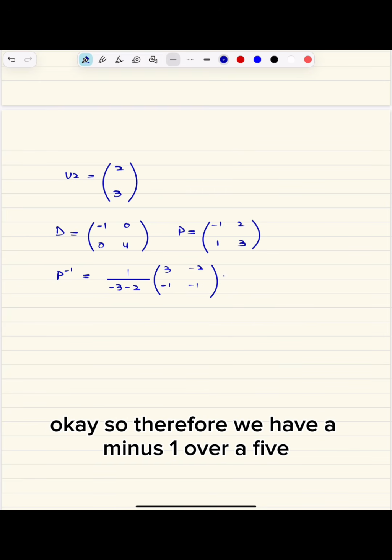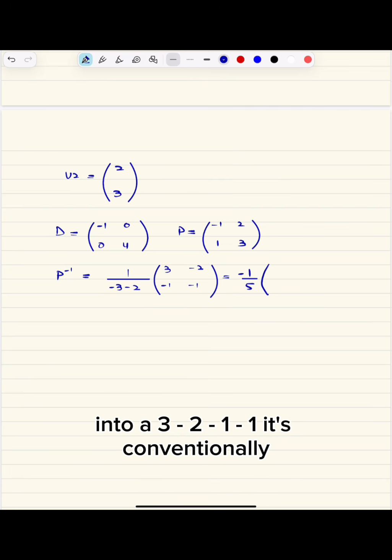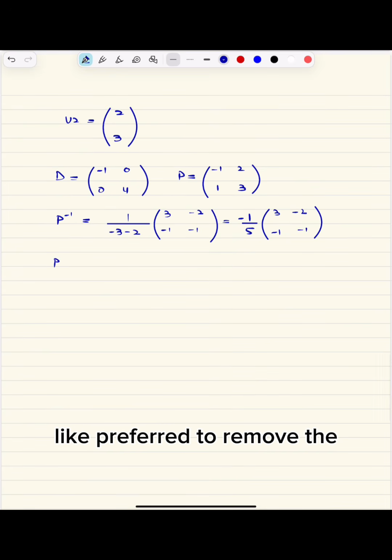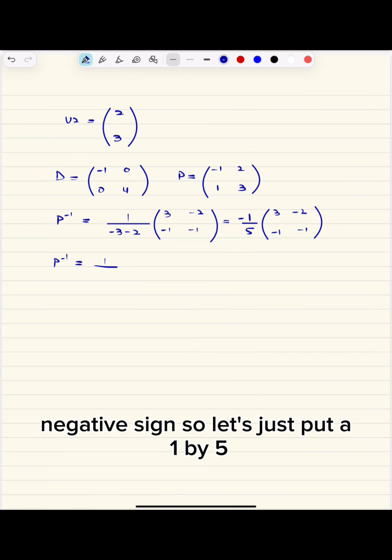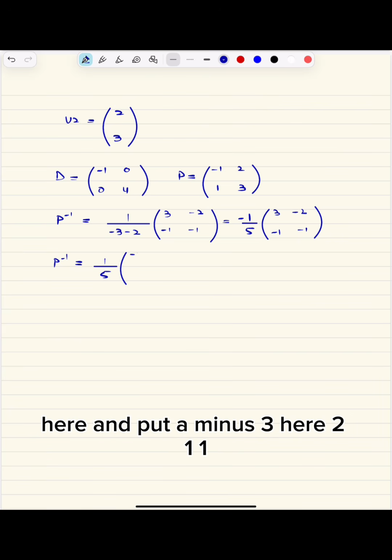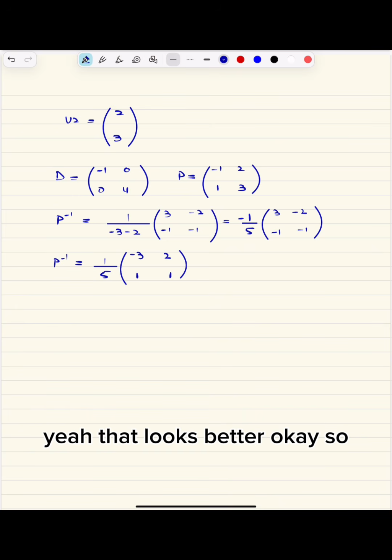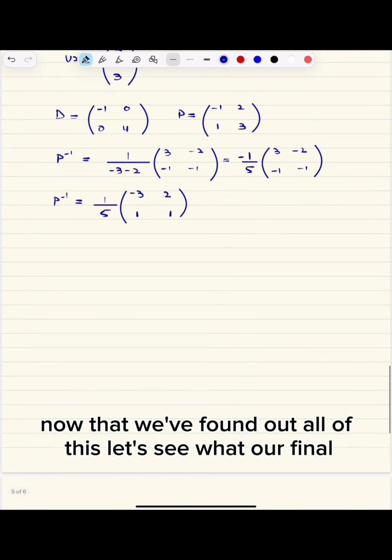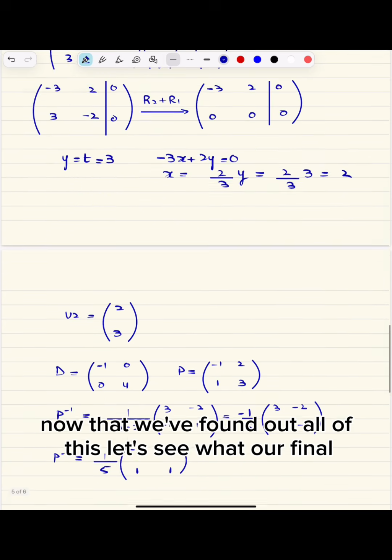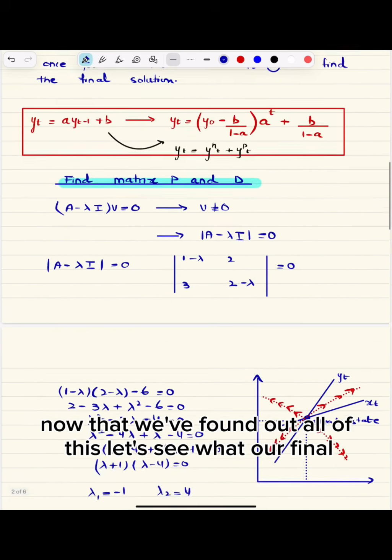So we have minus 1 over 5 times 3, minus 2, minus 1, minus 1. It's conventionally preferred to remove the negative sign, so let's just put 1 over 5 here and put minus 3 here, 2, 1, 1. Yeah, that looks better.